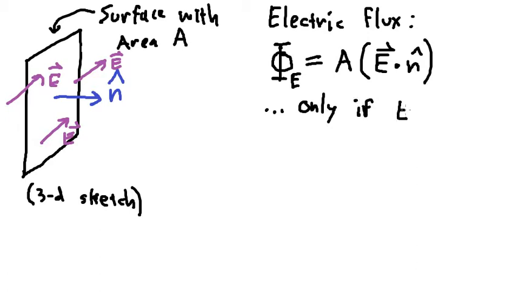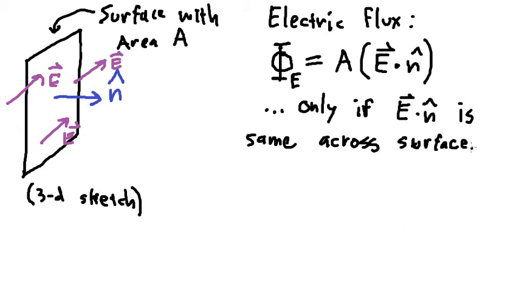This only works if E dot n hat is the same across the entire surface. If it isn't, then you have to break it into smaller surfaces.